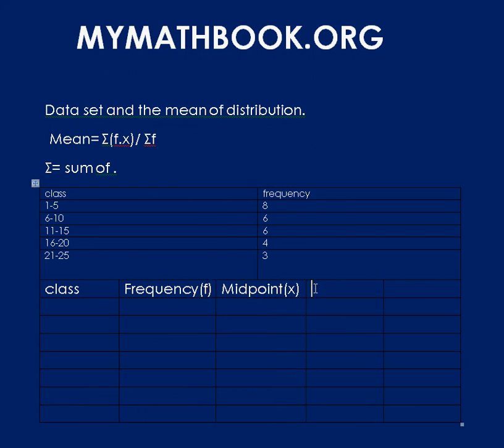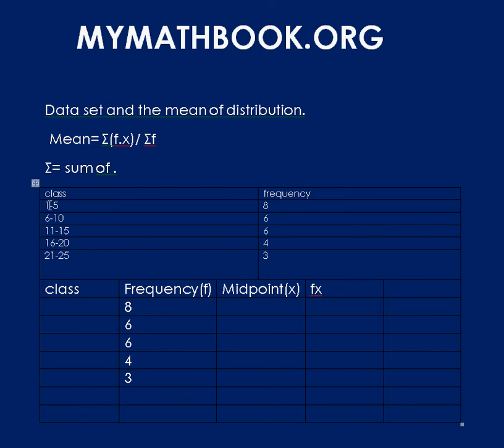So we need to construct fx. I'm not going to write all these classes, we already know where these classes are, but let's put the frequencies where they are: 8, 6, another 6, 4, 3. So we have all these frequencies.